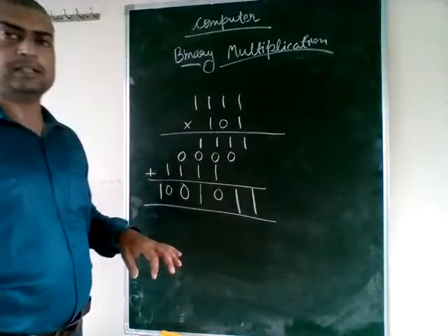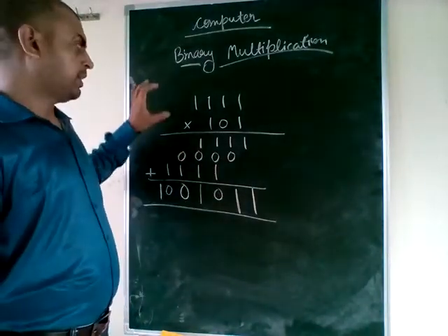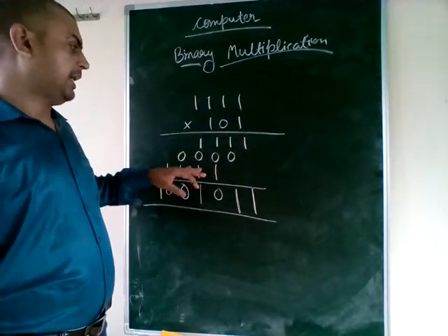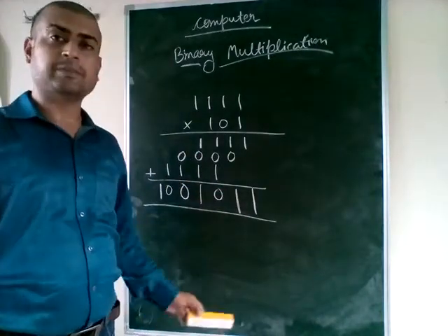So this is the answer of this question. Simply what we have done, we have multiplied the number as we do in decimal format, and then added the numbers as we do in decimal format. This is very simple.